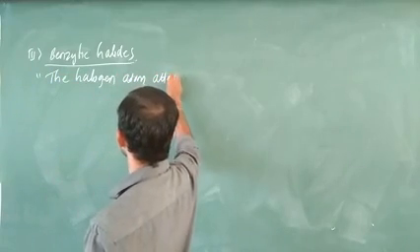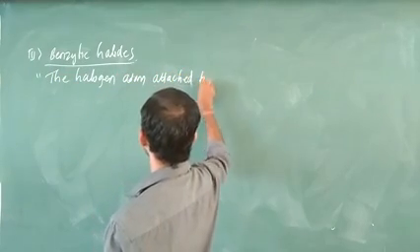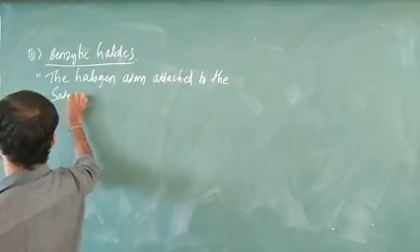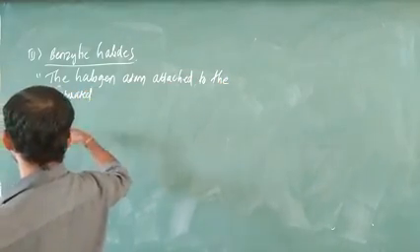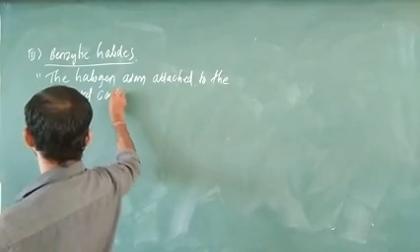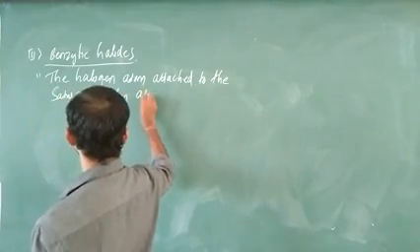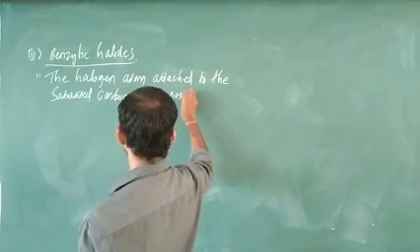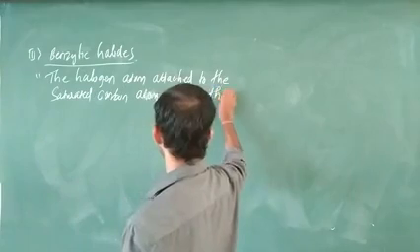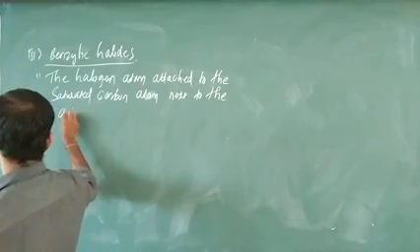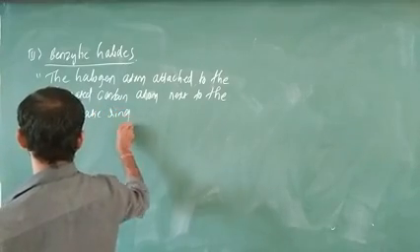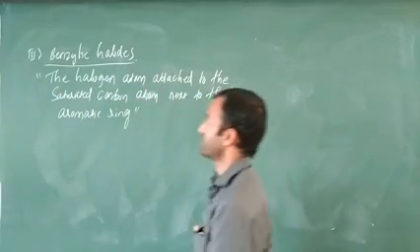The halogen atom attached to the saturated carbon atom, or sp3 hybridized carbon atom, next to the aromatic ring is called benzylic halides.